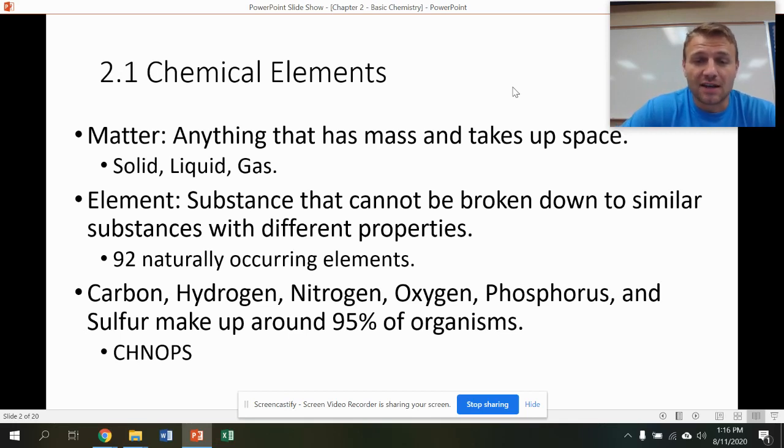Elements are substances that cannot be broken down into similar or simpler substances with different properties. There's 92 naturally occurring elements. After that, scientists usually have to collide different elements, and they only really exist for partial seconds, and it's a very complicated process. But just understand that once we break down compounds, anything that is matter, we can't break them down further past element without losing some basic properties, basic characteristics about that element.